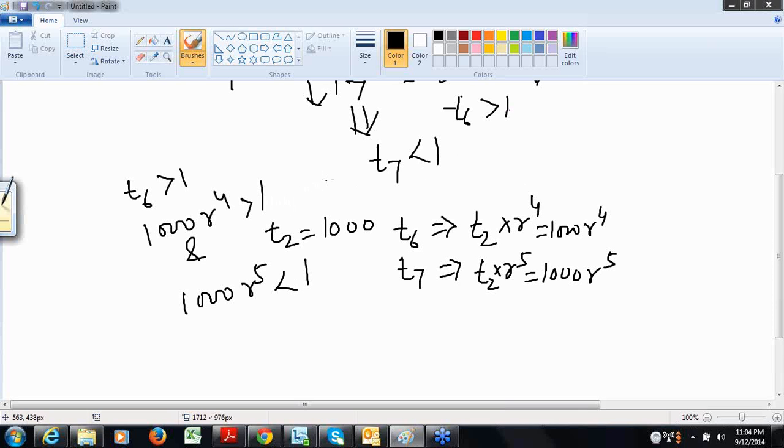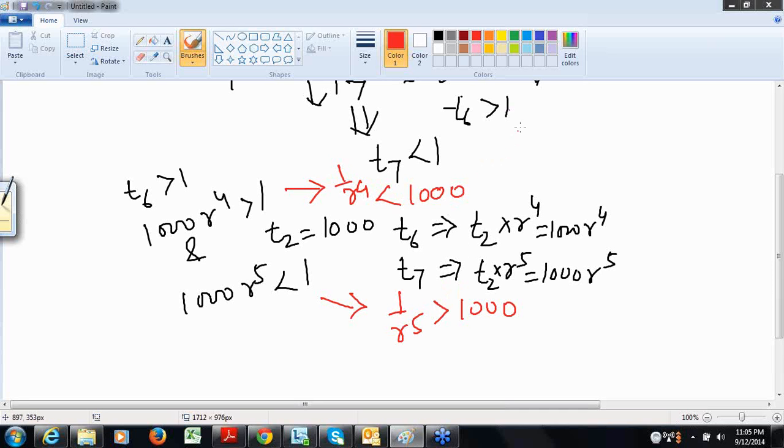Now this equation can be written as 1 by r to the power 4 is less than 1000, and this can be written as 1 upon r to the power 5 is greater than 1000. Okay, everybody is clear with this?